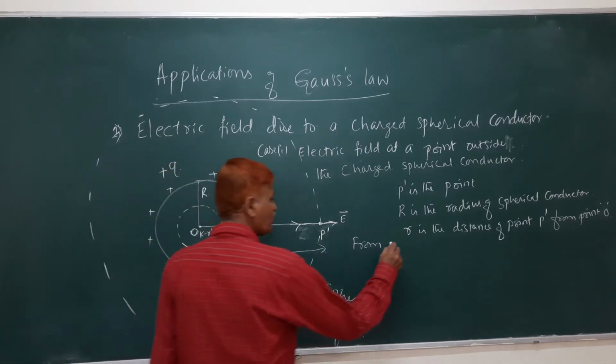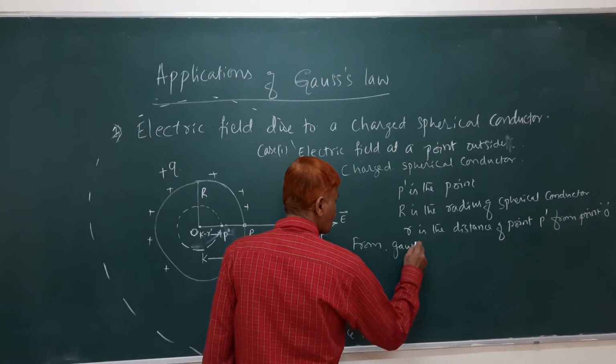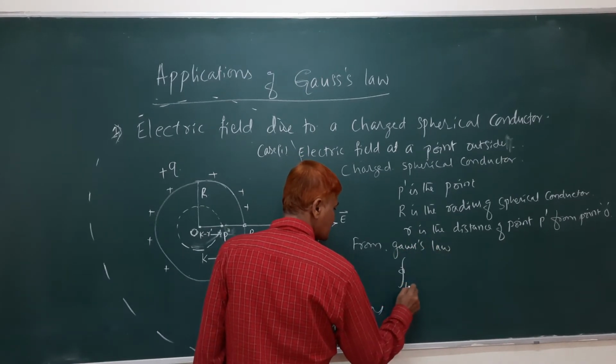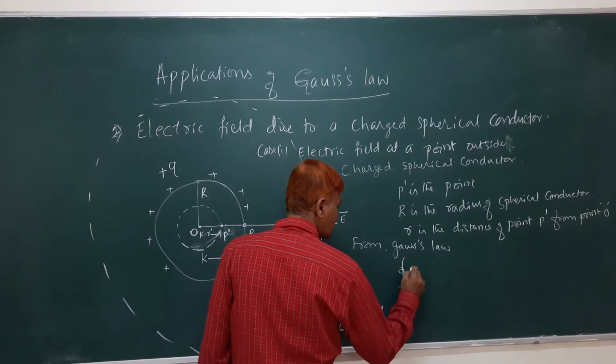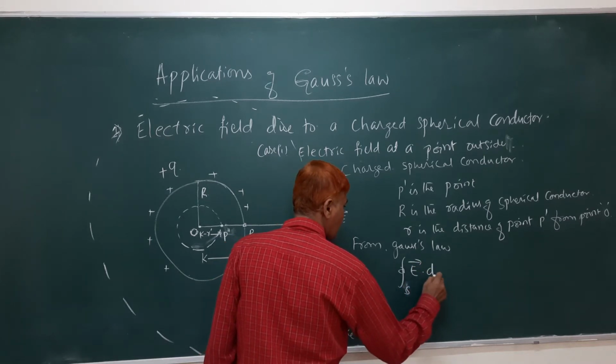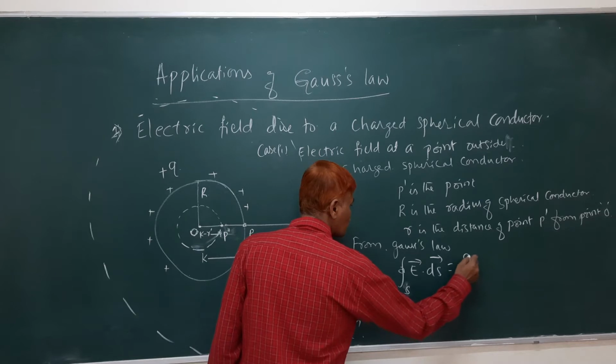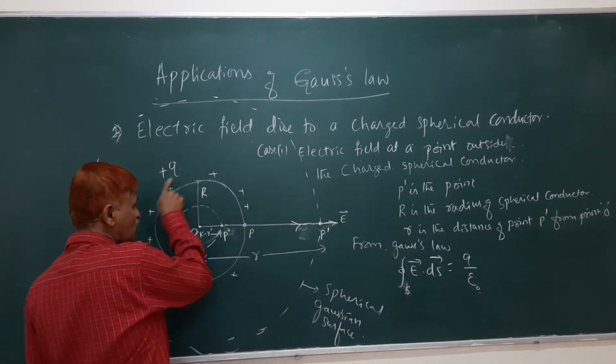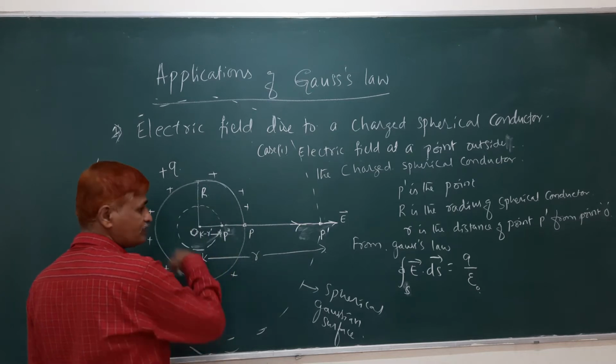From Gauss's law we know that the surface integral of E dot dS is equal to q by epsilon naught, where q is the total charge on the spherical conductor.